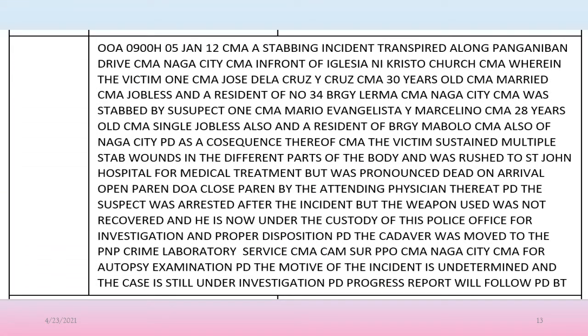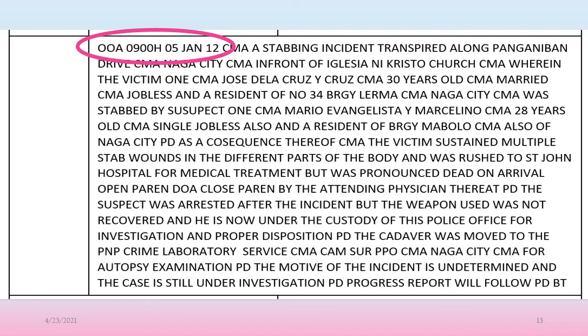This is the body of the message. Notice that it is in block style, so everything is straight. No indentation, no paragraph, no numbering. Here we have the date. OOA 0900 hours. OOA is for on or about.